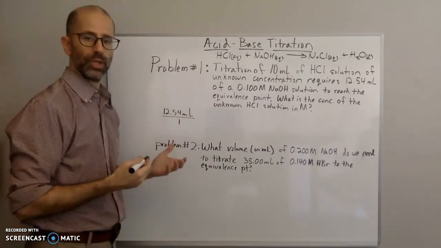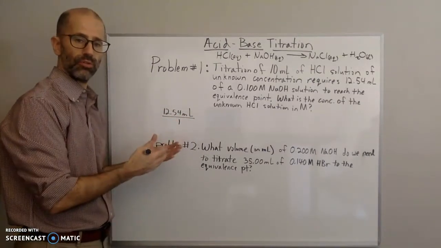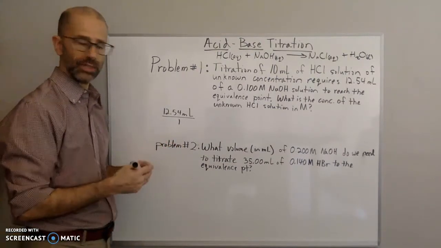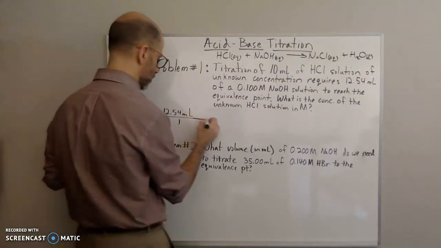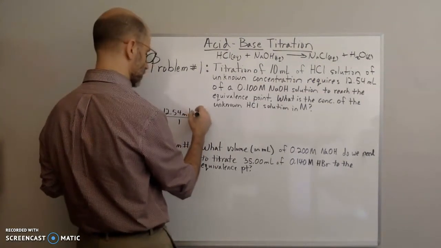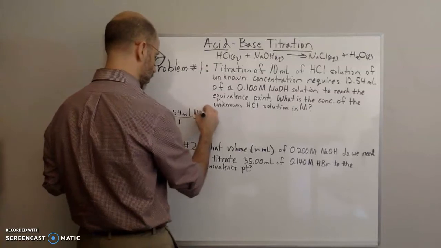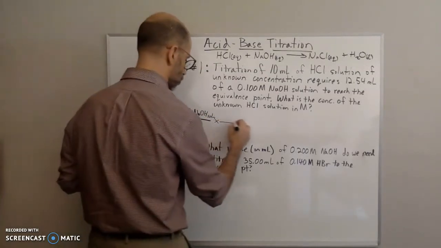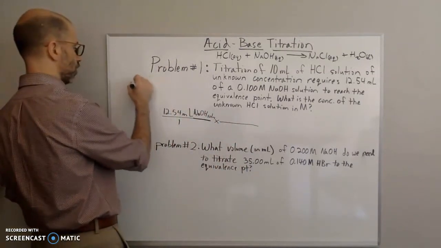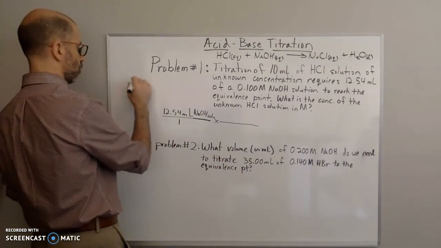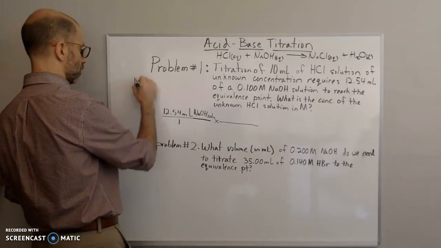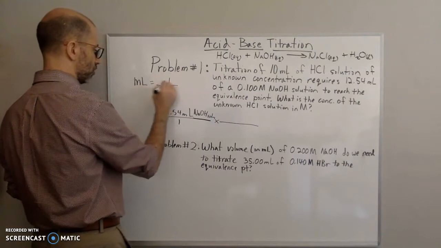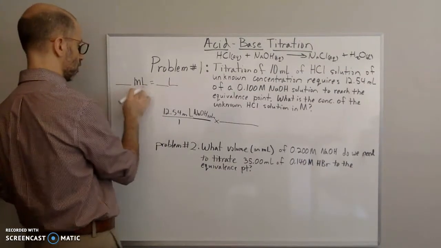And to use the molarity, which is moles of solute over liters of solution, we need to convert to liters. Let me specify that this is our NaOH solution. And so we're going to need to use the equality: milliliters is equal to liters.